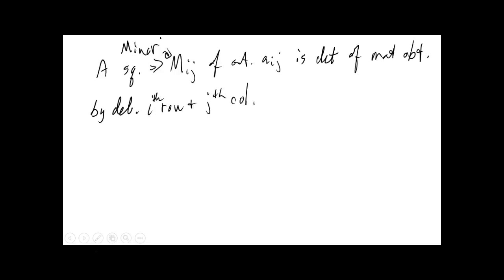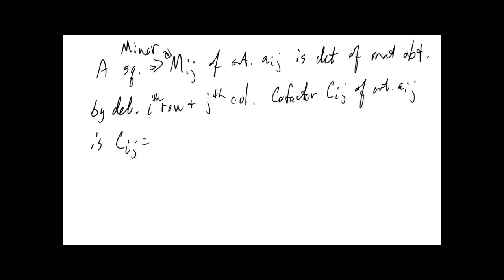Second is the cofactor, Cij, okay, of the entry Aij, okay, is Cij is equal to, and where this is here.